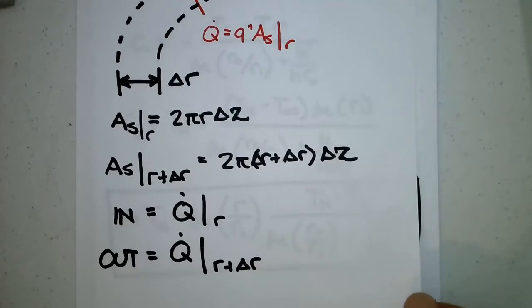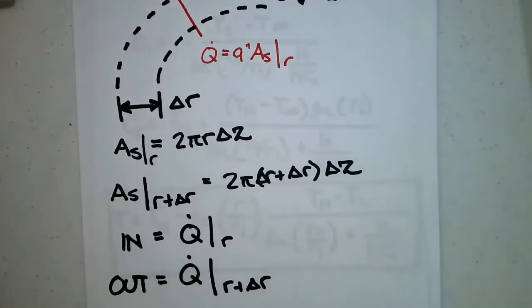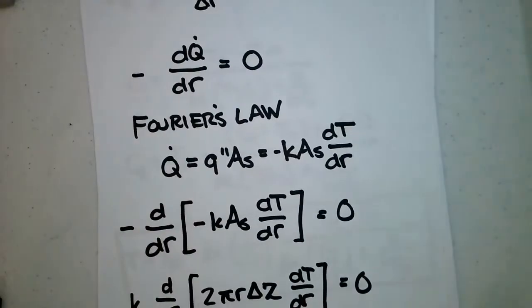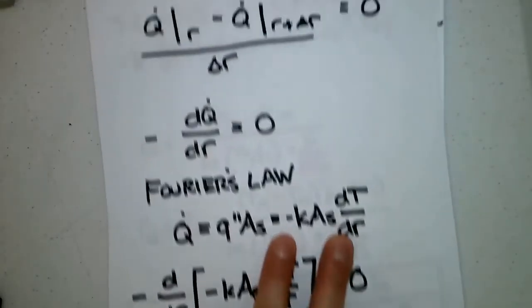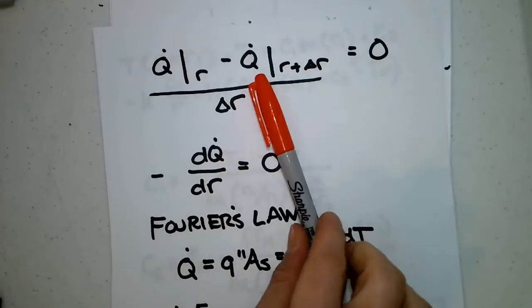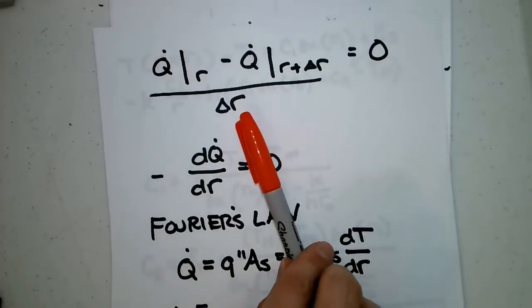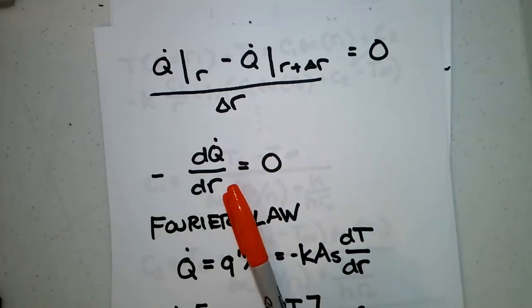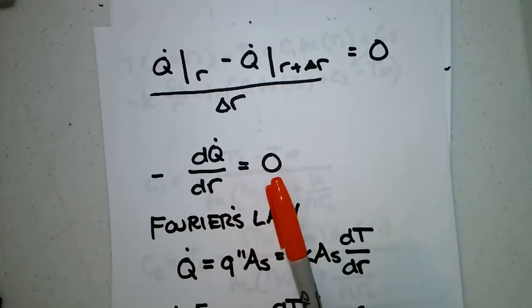We realized we had no generation, no accumulation, and so our conservation law became Q in minus Q out equals 0. We divided by the delta R length scale and did the limit of this as it went to 0. We took the limit as delta R went to 0 to find that the differential change in the heat flow as we move in and out radially is equal to 0.